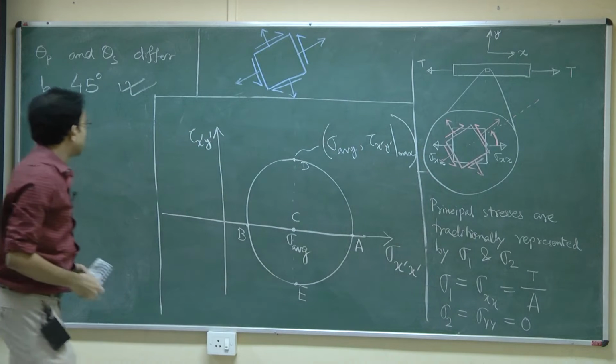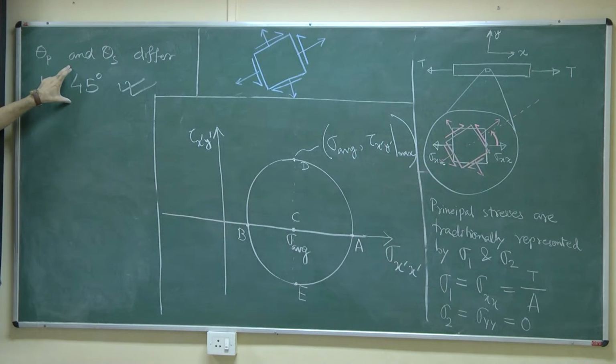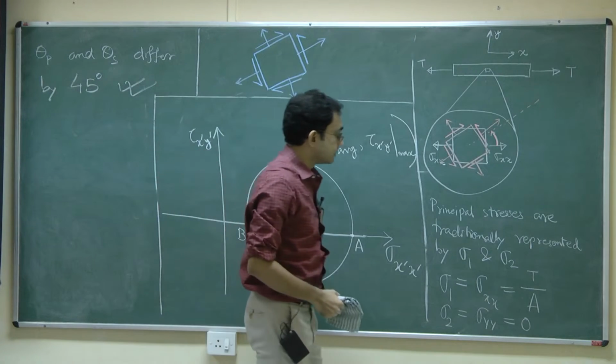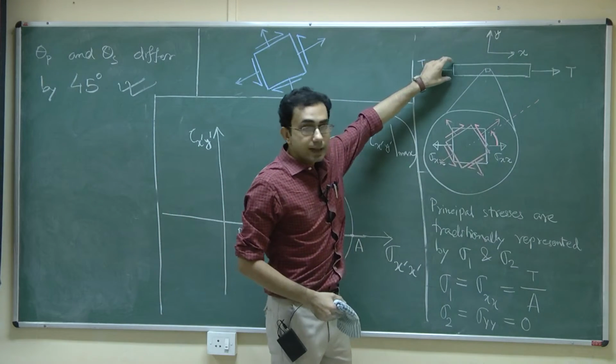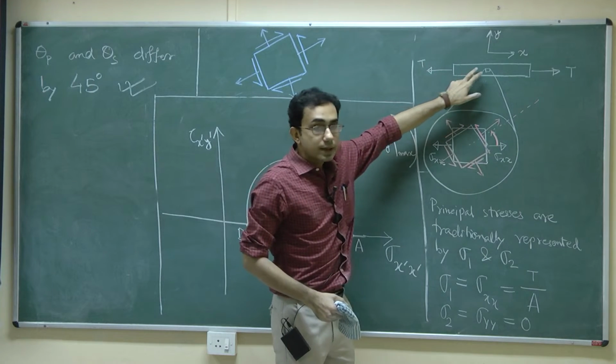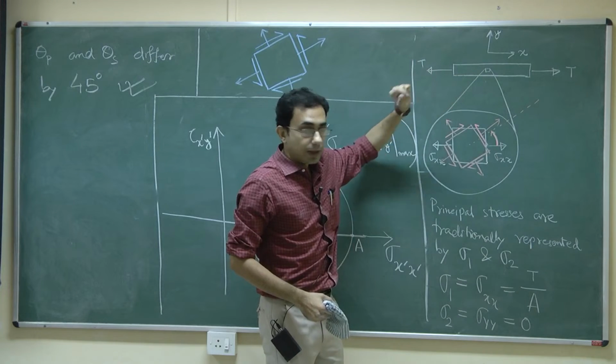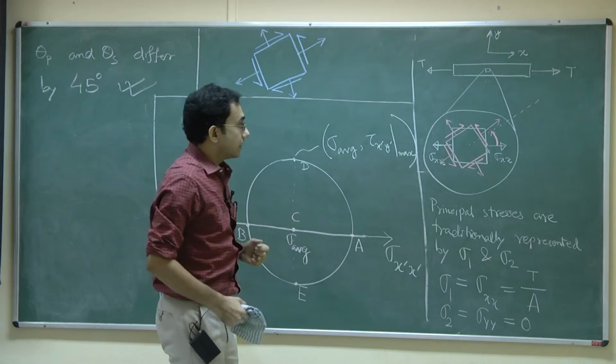Okay. Now, what is the physical meaning or physical manifestation of this 45 degree? Well, in most of these kinds of experiments, we use a metallic or a ductile material kind of bar, or a bar made of ductile material.